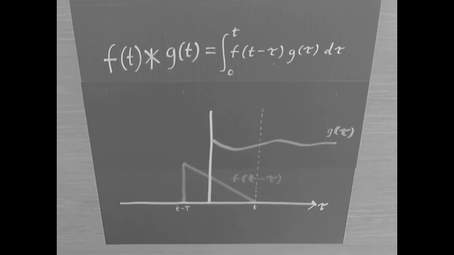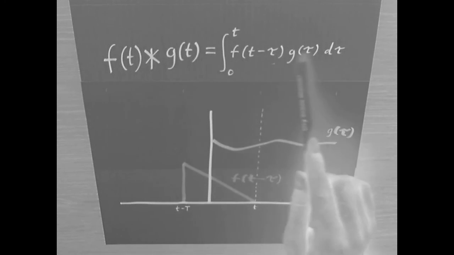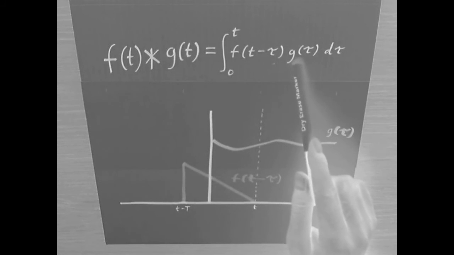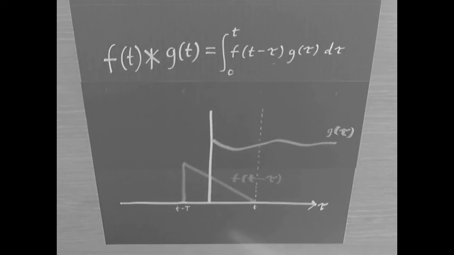Now we are ready to graphically represent our convolution integral. Now remember that the convolution integral is the integral of these two functions, f of t minus tau multiplied by g of tau. So let's set an arbitrary curve as our transfer function g of tau.